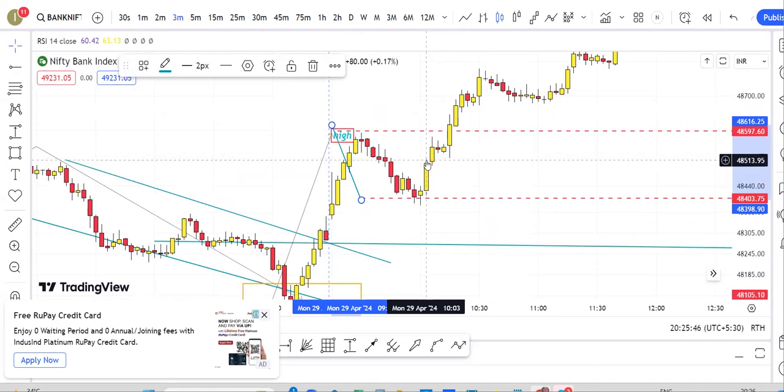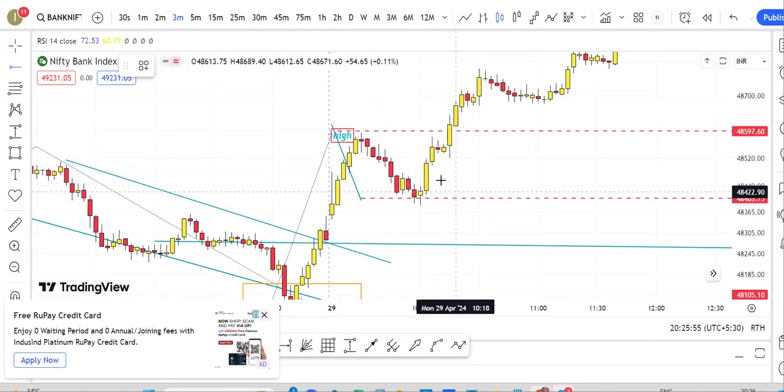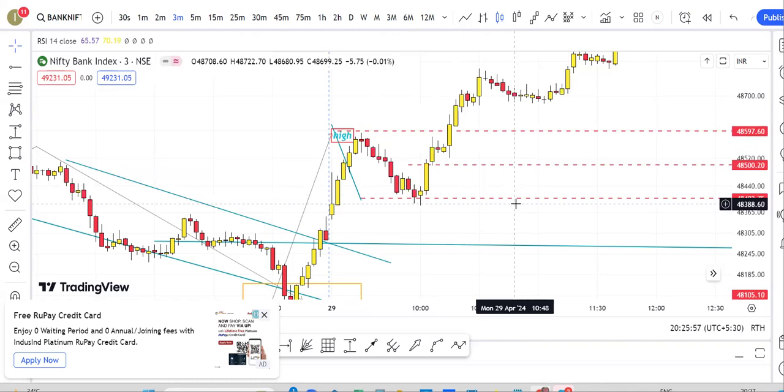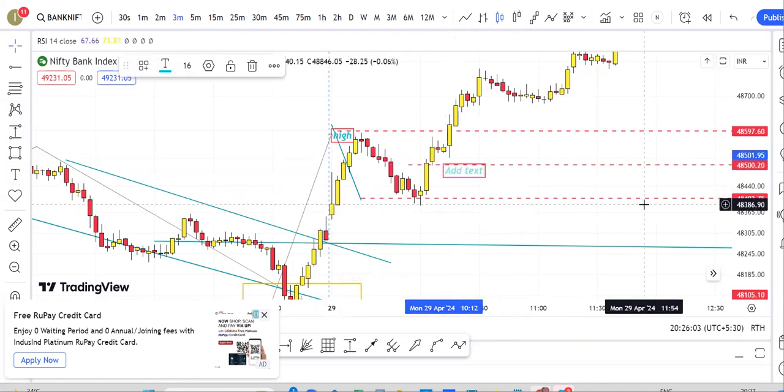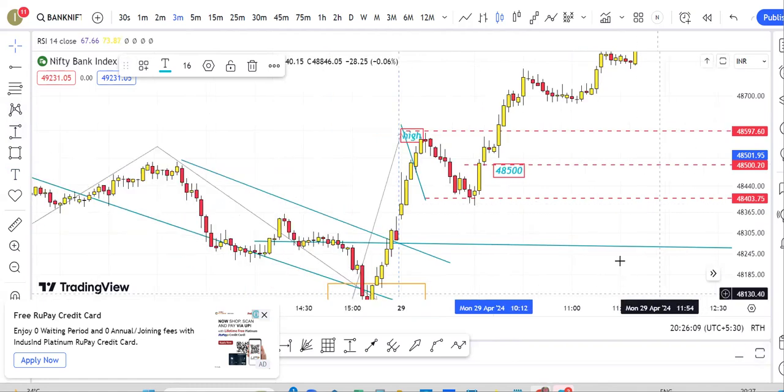All of a sudden, it is a big higher high. When compared, this candle is a, so you can enter, even if you change the time frame, at 48,500. Okay. You are entering at 48,500.